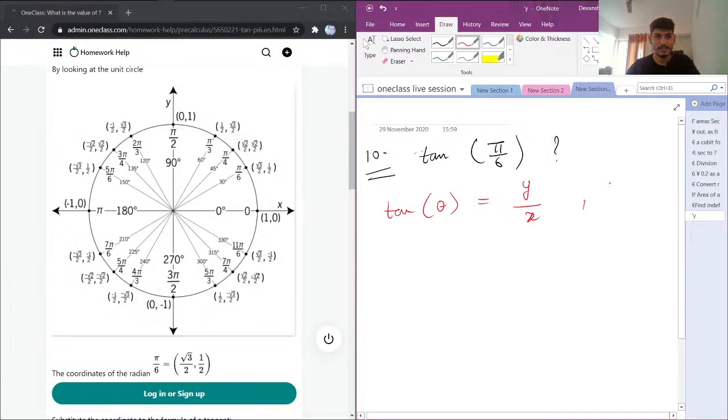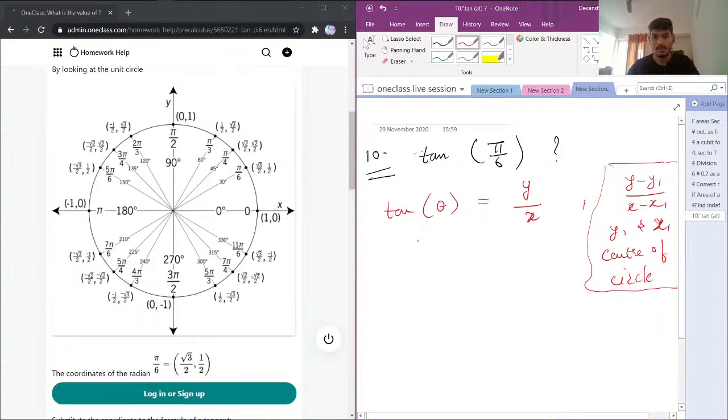But generally, if the center coordinates of this unit circle is not at 0 comma 0, then it is basically y minus y1 over x minus x1, where x1 and y1 are center coordinates of the circle. But here again we have the center coordinate as 0 comma 0, so we'll just use y by x.